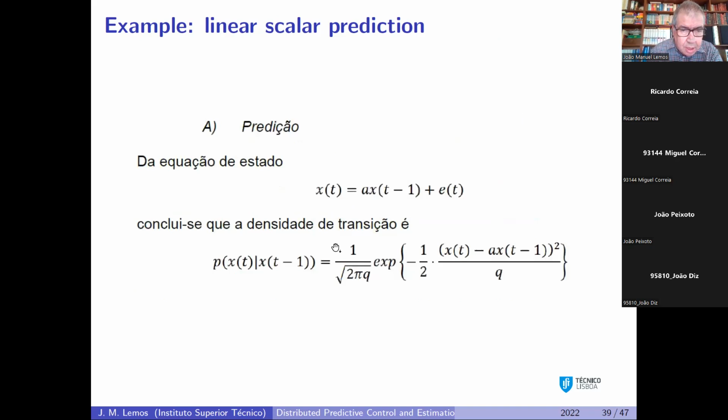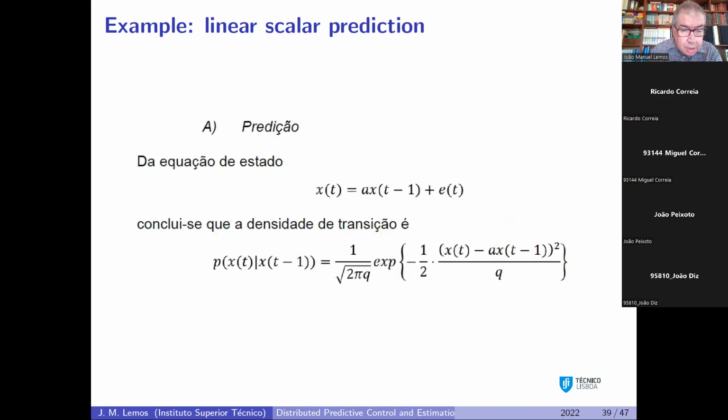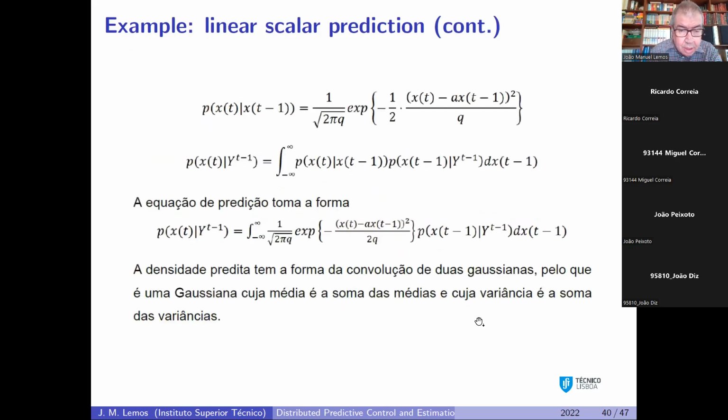Remember that the update of mu was, where was it? Here, you just multiply by a, and then this is the formula for the covariance.